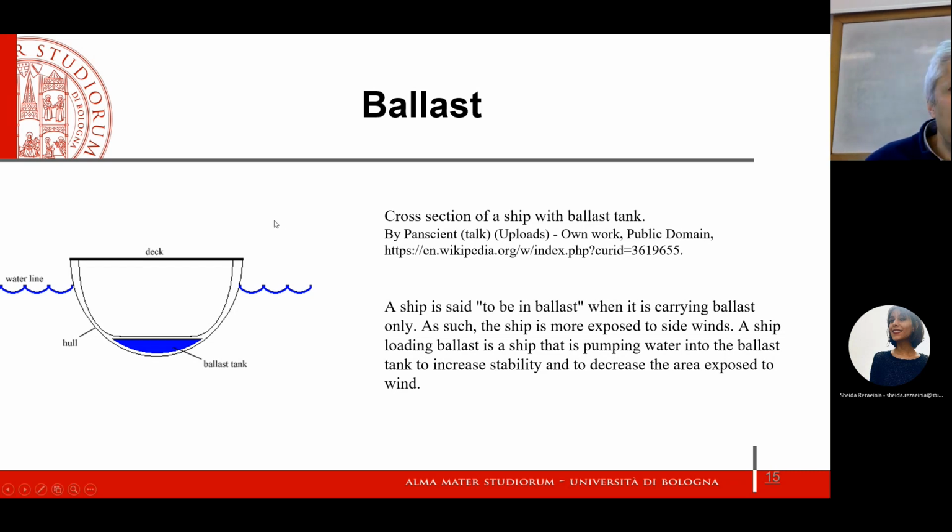So the most dangerous situation is not when the ship is loaded, it's when it's unloaded, because the ship raises up and therefore the out of water surface increases.